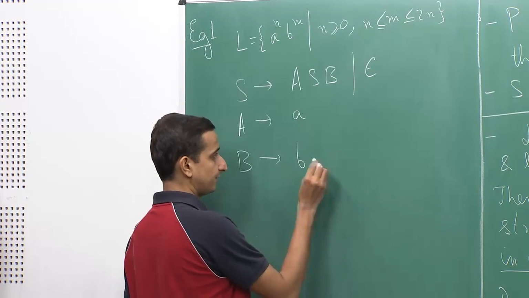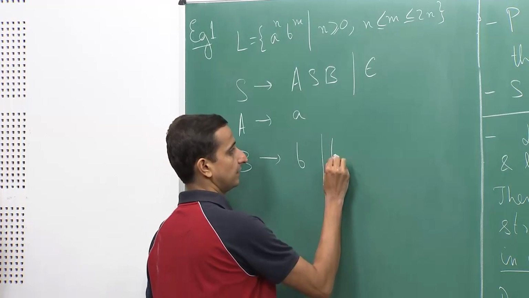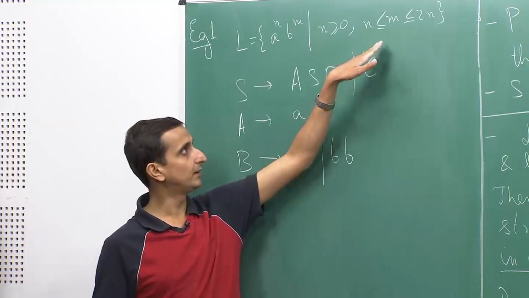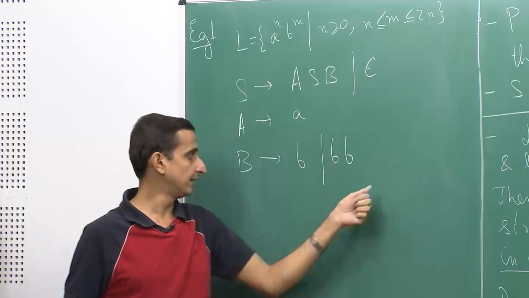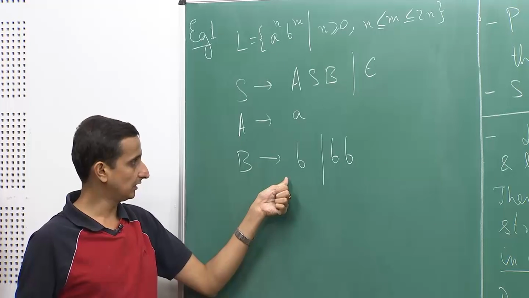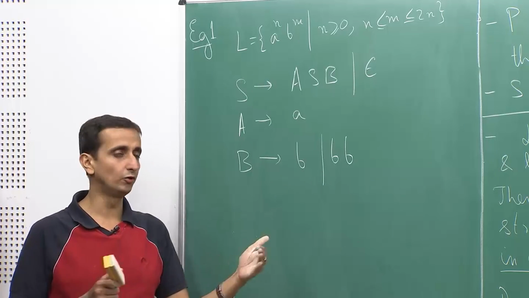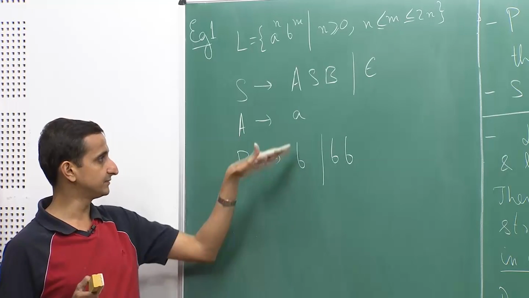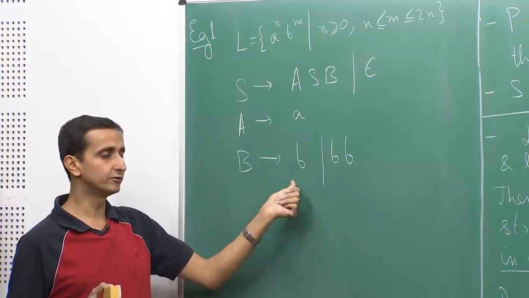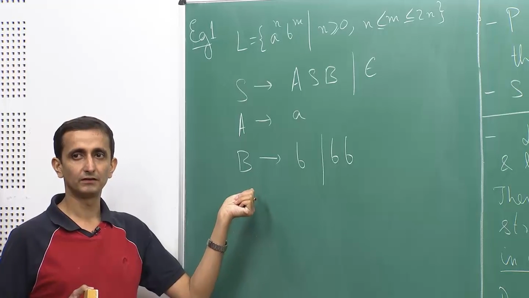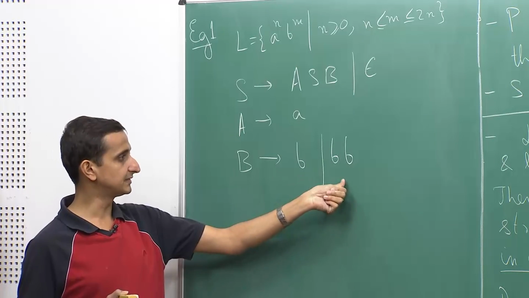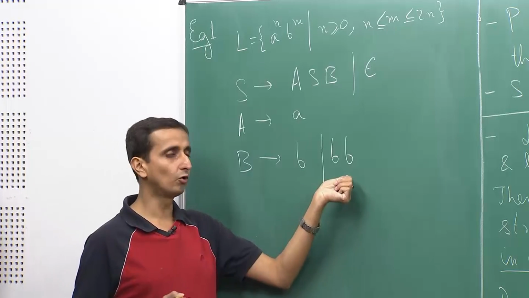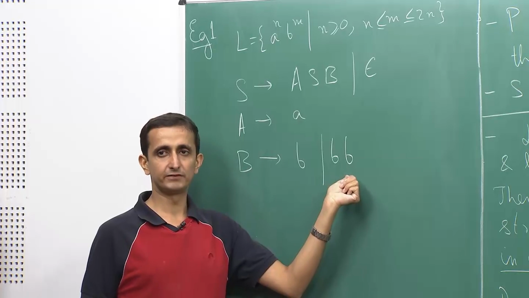So, I will add two rules, B goes to b and B goes to bb. Whenever I want a number between n and 2n, I will use the second production rule to add twice the number of B's, and when the number of A's becomes equal to the number of B's, I will use the first production rule. This ensures that the number of B's cannot be less than the number of A's, and it cannot be more than twice the number of A's.